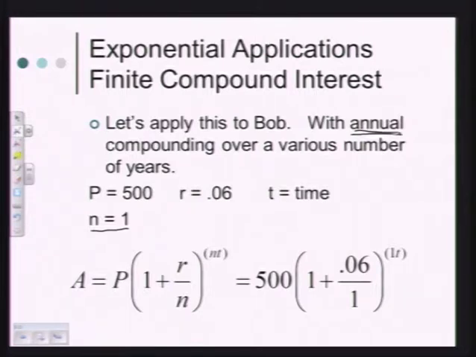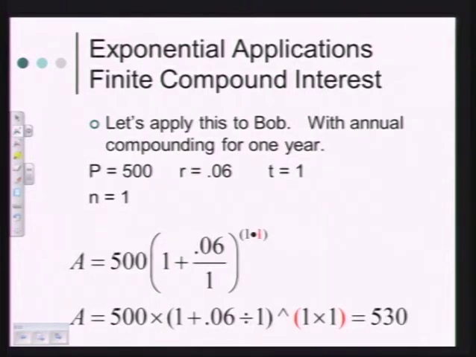We plug those in our formula and we get 500 times 1, that's part of our formula, remember, it never changes, equals the interest rate, 0.06, over N, because this is annual compounding, N equals 1, to the NT. Okay, and let's look at how much money Bob will have in his account at some particular years.